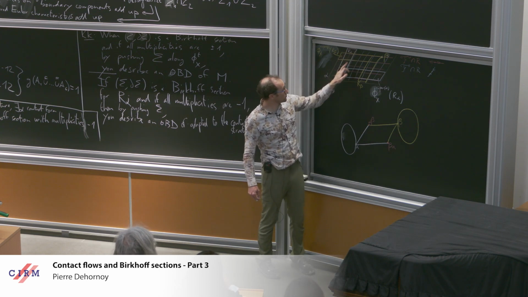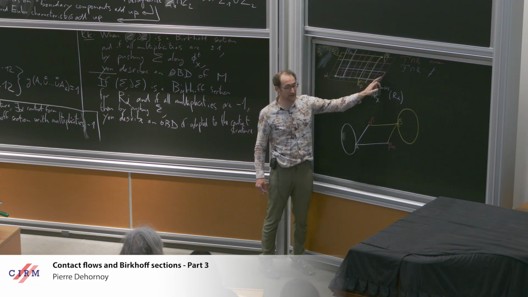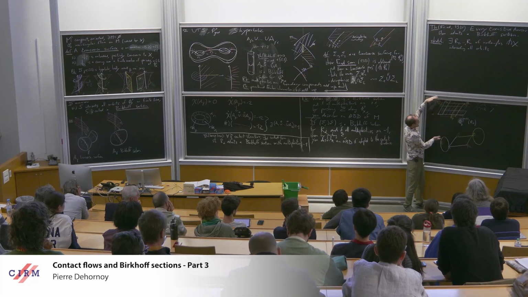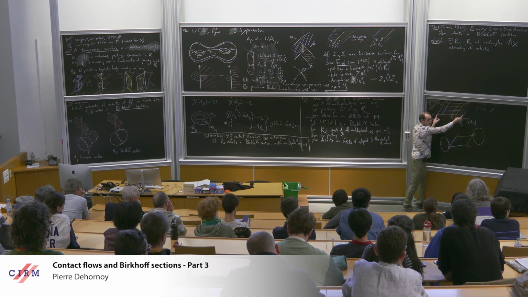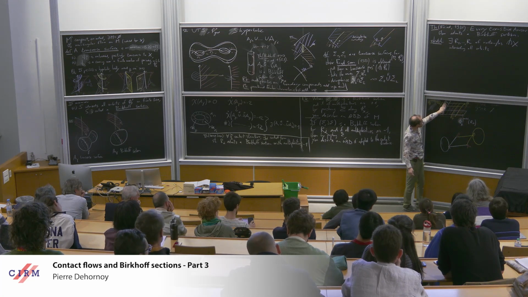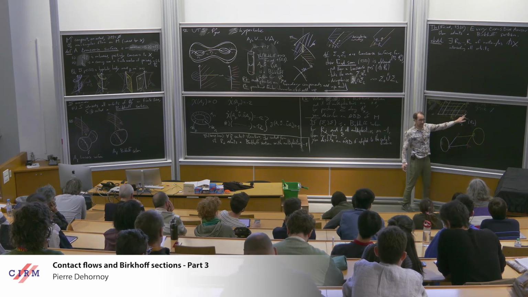If you push this rectangle by the flow long enough, its image is something like that. It's like that because the stable direction is contracted. So this was long, but now it becomes short, and this was short, but in the unstable direction, so this becomes long. So the image of R alpha by pushing along the flow is something like that.